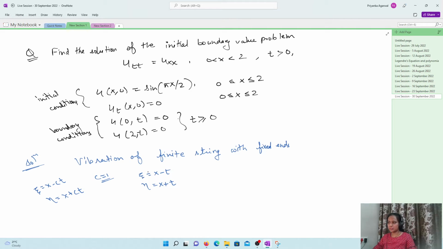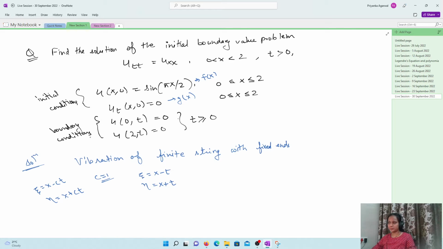So this is what we have been doing so far, and this will be our function f, and this will be our function g, for writing the solutions in the form of the D'Alembert solution, right?